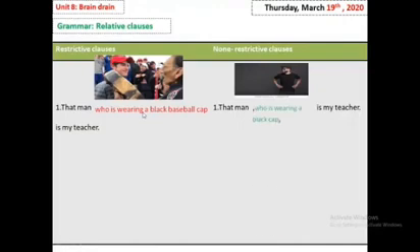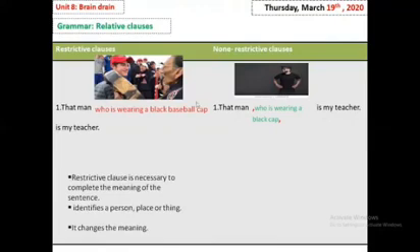However, in the other example, that man is my teacher, it's clear because there is only one, but you can add, that man who is wearing a black cap is my teacher. So this one is a non-restrictive clause. It's additional information. You just add it, but if you eliminate it, then the meaning does not change.